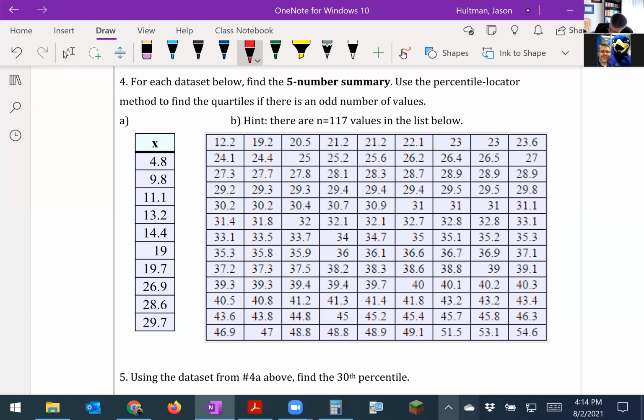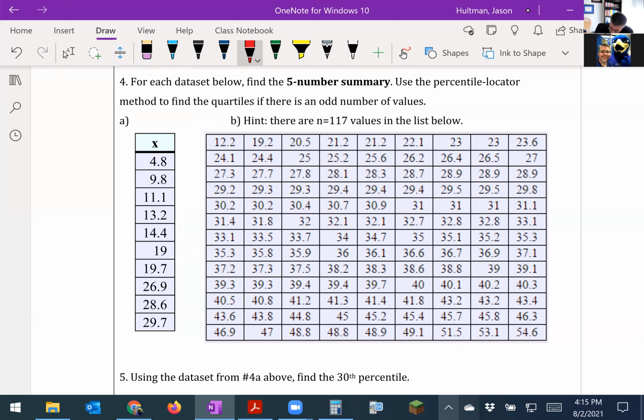Okay, so looks like the values go from, are they arranged in order? I hope they are. Go from 12.2 to 54.6. Nope. Plus they give me an extra number.